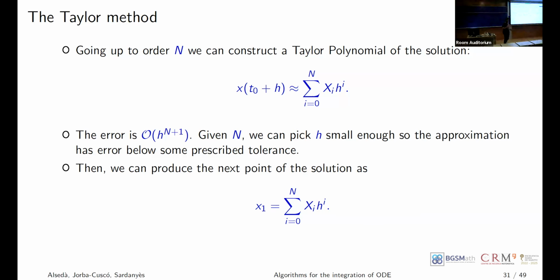So if for x0 I need order n, and if for x1 I need order n plus 2, I can do it. And the increase in computational cost is not so much.